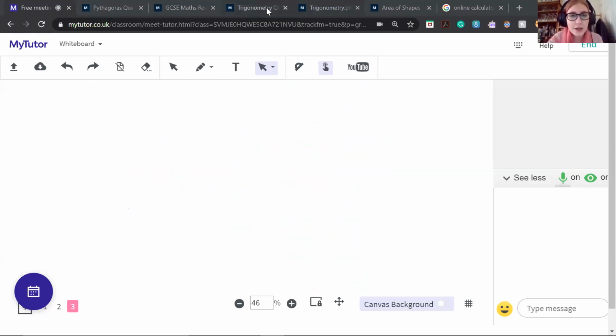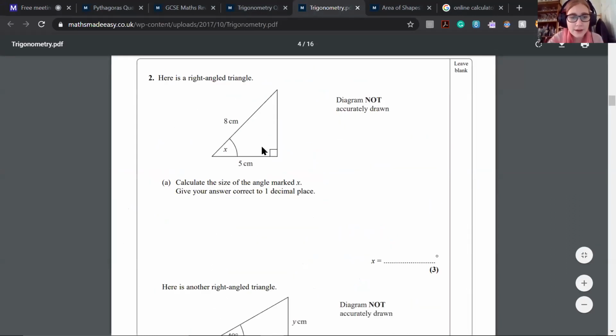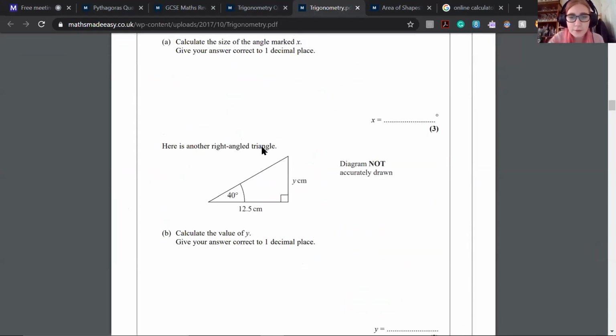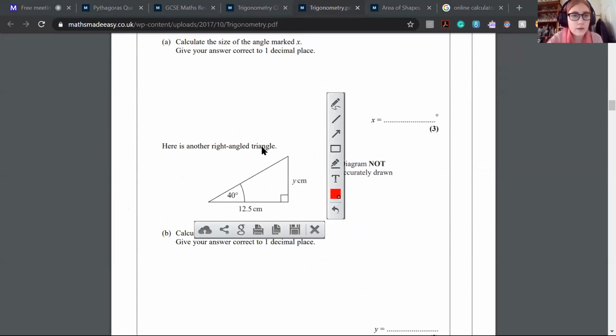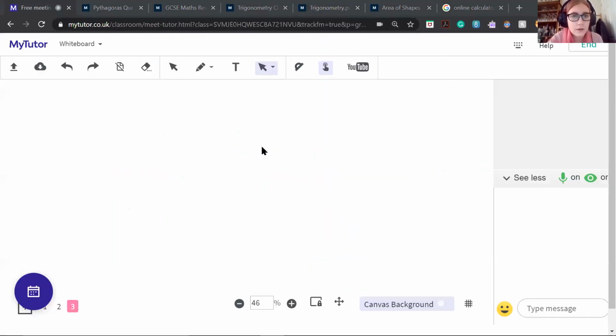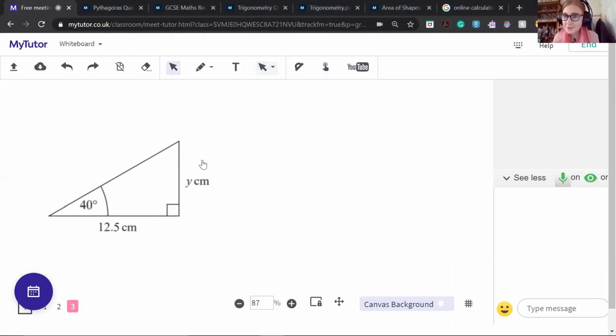Okay, let's have a look at another one. Let's have a look at maybe when we want to calculate a side length. So another right-angled triangle. And again, regardless of which one is labelled as the unknown, we've got an angle and two sides. And because we've even got an angle at all, we know it's going to be Sohcahtoa.